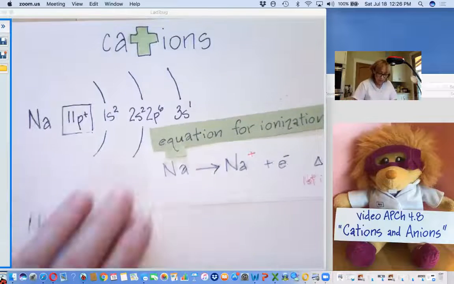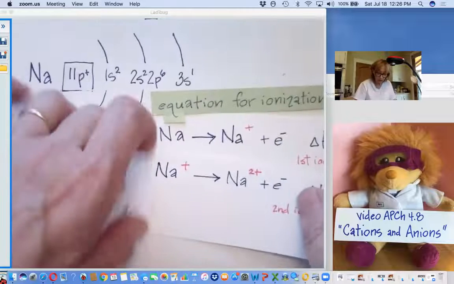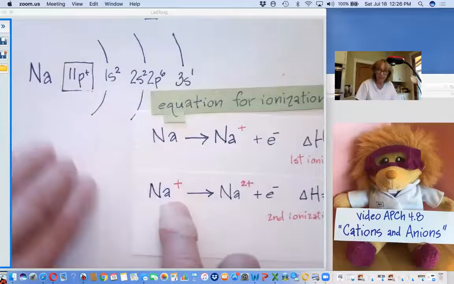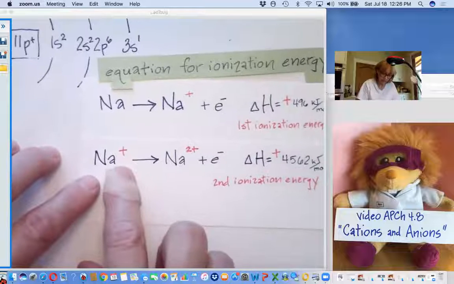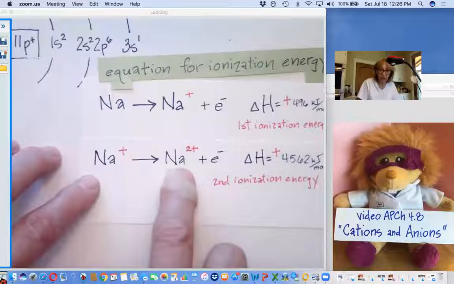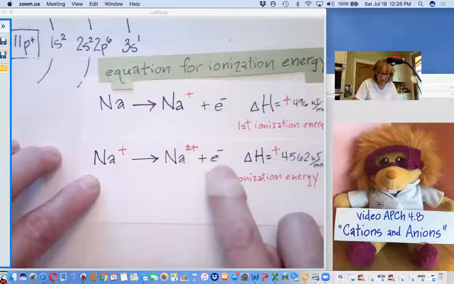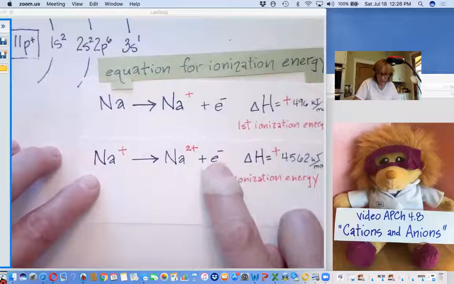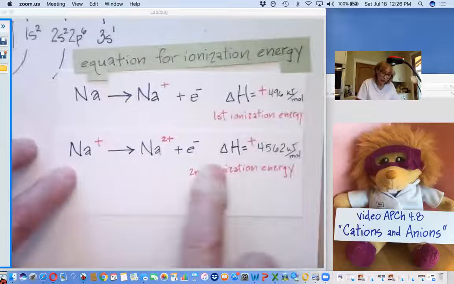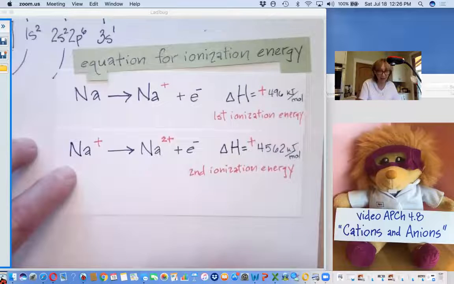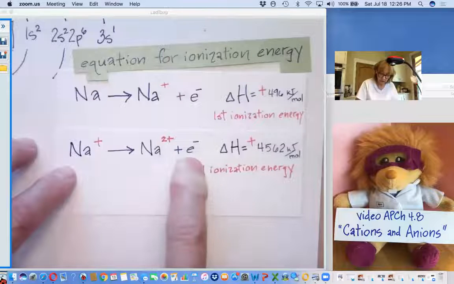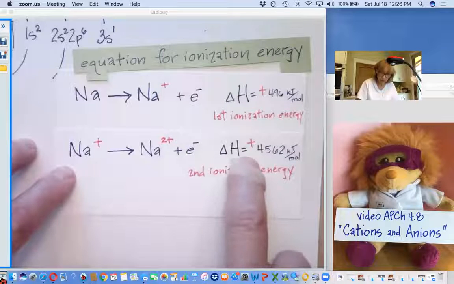So if we're going to start with our sodium cation, we could put some more energy in and create a 2 plus cation. And here is the second electron that has been removed. Now notice that the second ionization energy, the energy needed to remove a second subsequent electron, is much, much larger than the first.